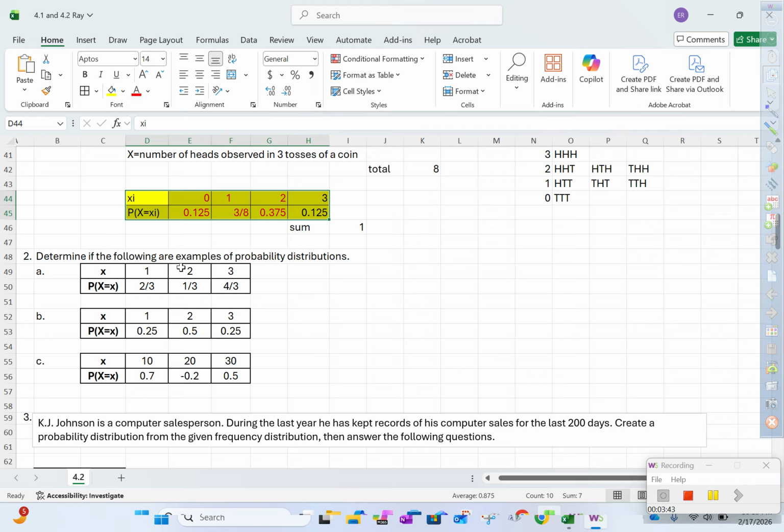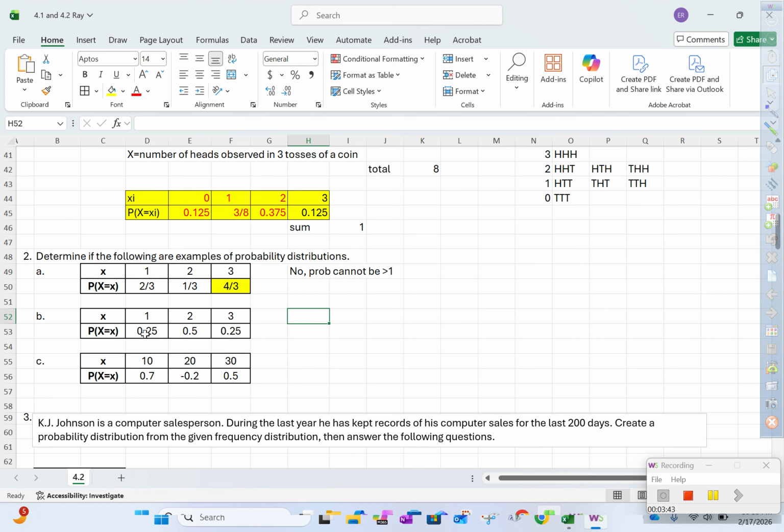And this one's going to be pretty obvious, but we have mutually exclusive outcomes here. So nothing repeated essentially or overlapping. So here, first, if we go through these probabilities, this is a problem right here, this 4/3. So that makes this one a no. Probability cannot be larger than 1.